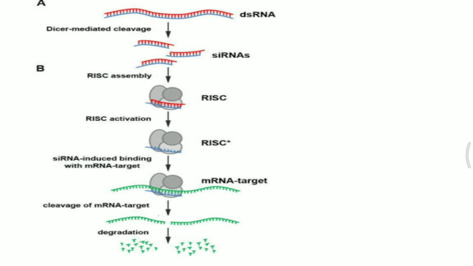Now, after the cleavage, we can see the completely degraded mRNA present. This mRNA is no more capable of synthesis of any protein, so there will be no translation taking place as the mRNA is completely degraded. This process is known as gene silencing.